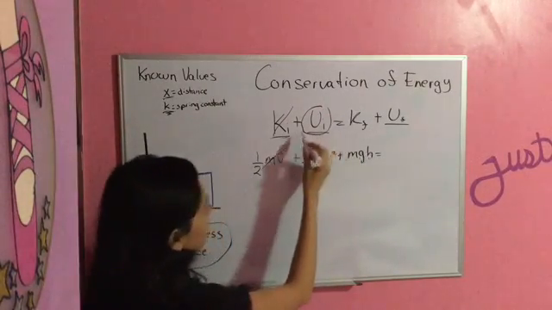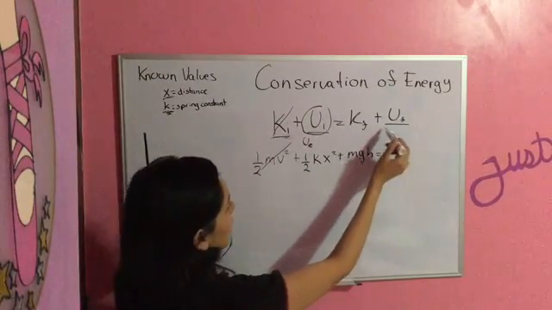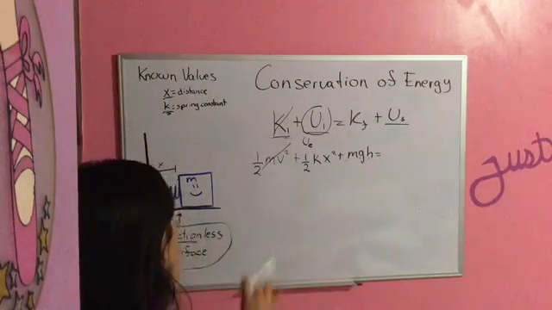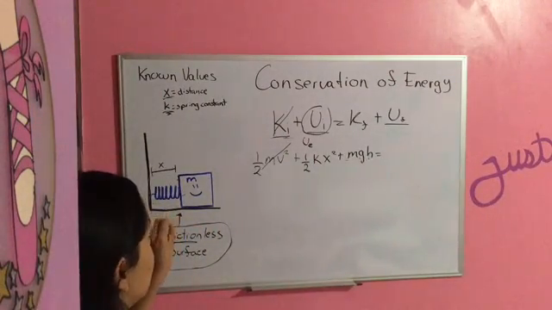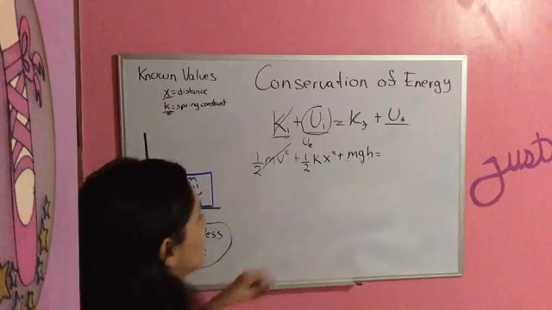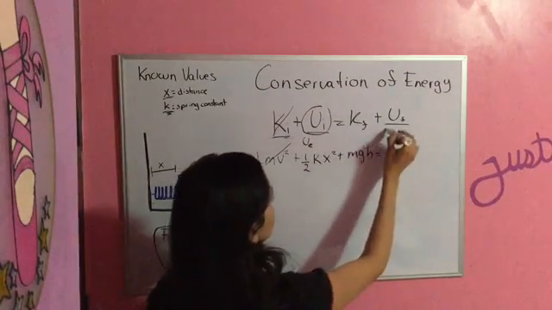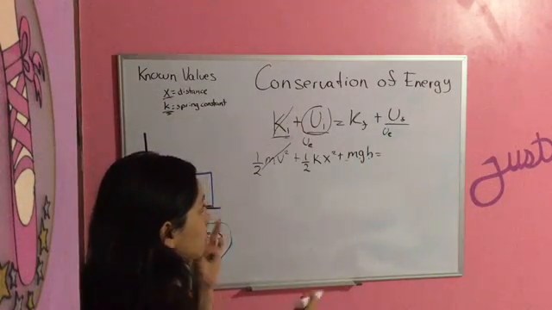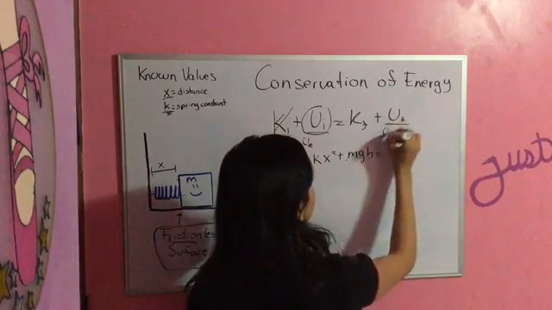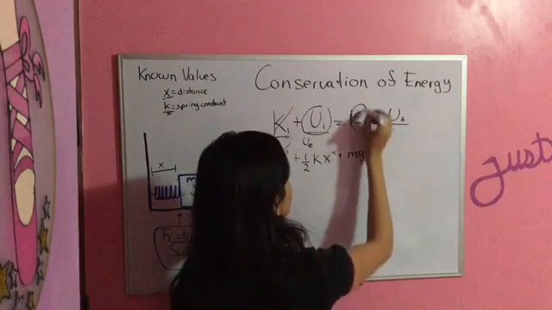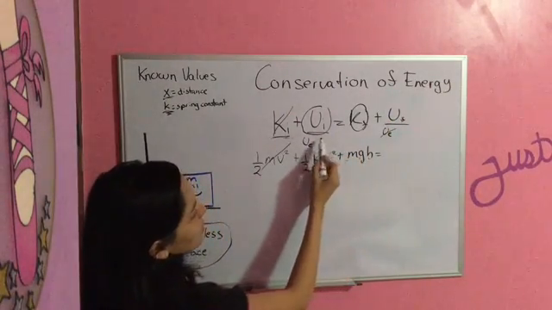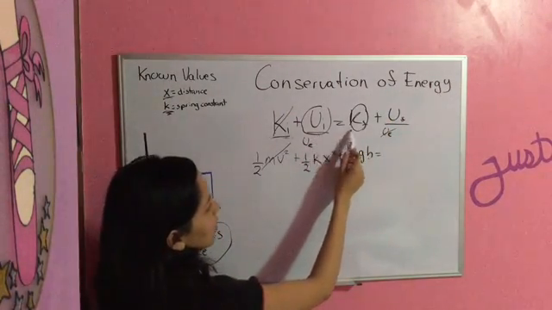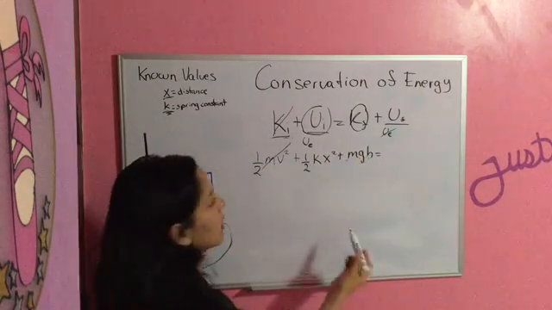And in the second part, when it's released, there is no elastic energy, so we can take out the elastic potential energy. So this goes and this one stays. So basically what this means is that potential energy is transformed to kinetic energy.